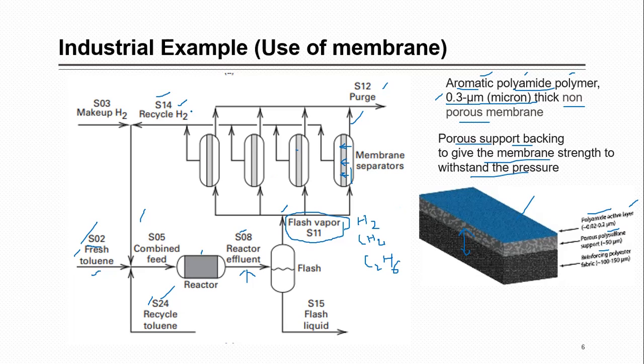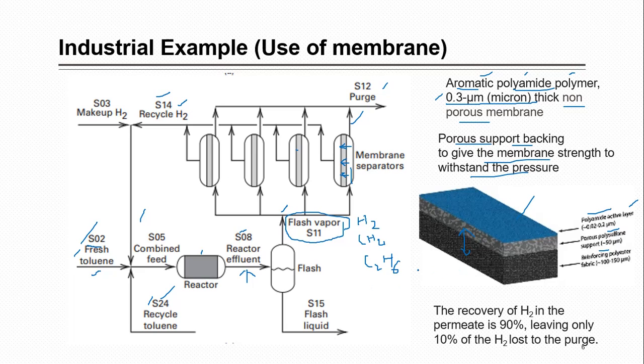So overall when you look at this system, at the end of the day, you have hydrogen recovery of 90%. What does this mean? He has mentioned that recovery of hydrogen in the permeate is 90%. If you look at the amount of hydrogen inside the system at the inlet and at the outlet, overall 90% of hydrogen is recovered and recycled, only 10% is lost.